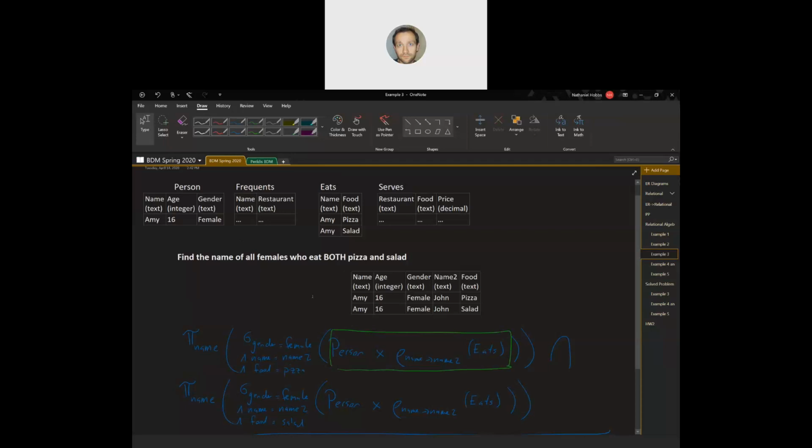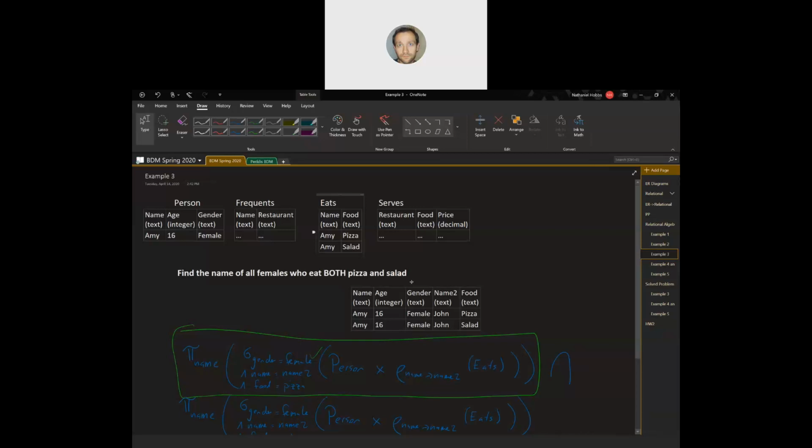But now for this first part, only keeping the females, checking that the names are the same, and food equals pizza. So that will eliminate this row, and the result outputs Amy. That relation.